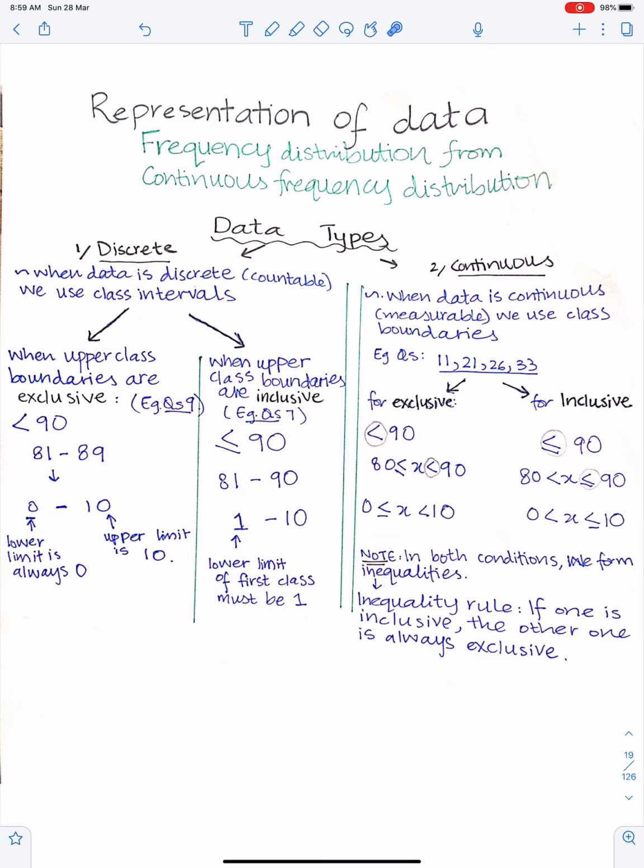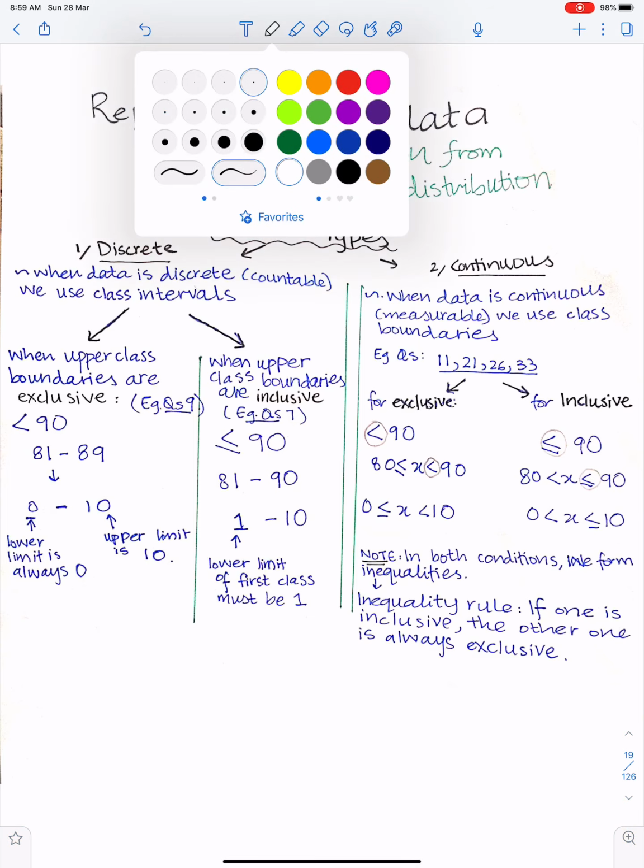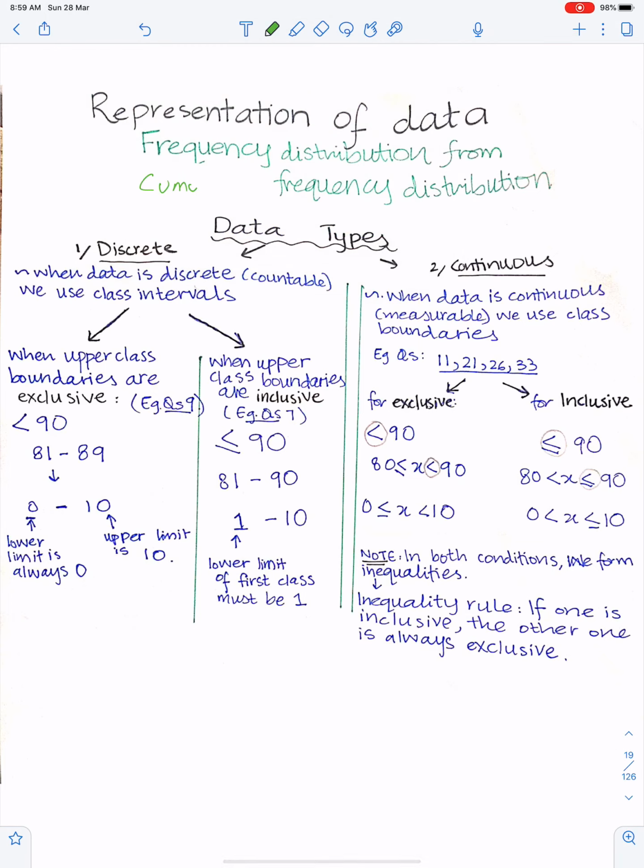The concept is the construction of frequency distribution from cumulative frequency distribution.